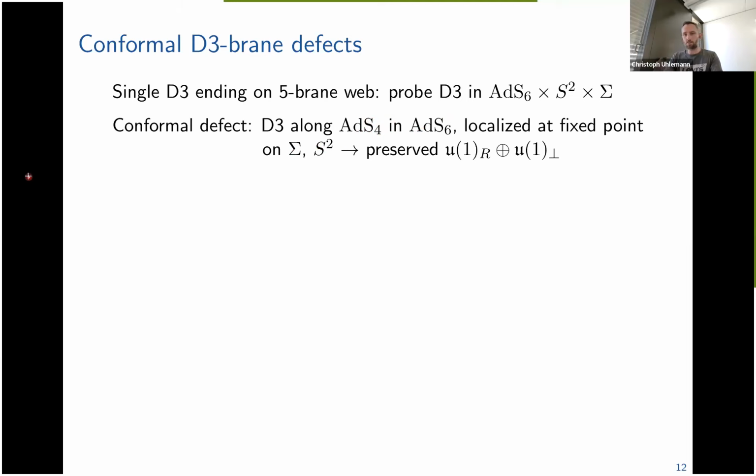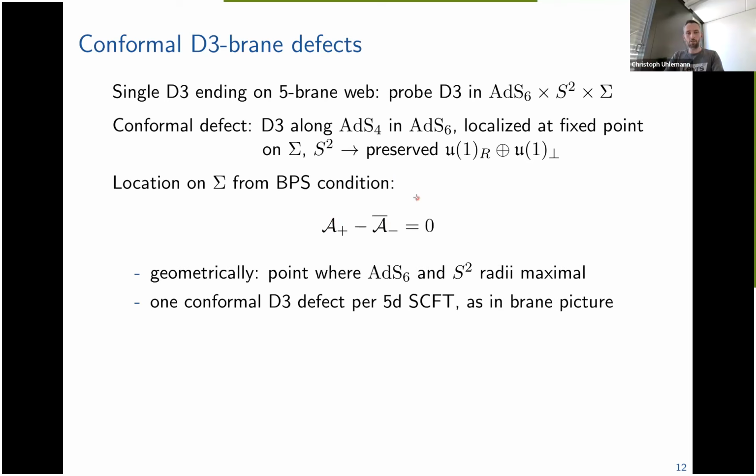The BPS conditions are still messy to deal with on account of the somewhat complicated nature of the background solutions. But at the end of the day, you find a very nice condition in terms of this pair of holomorphic functions, which I've just introduced. Now, I don't want to give explicit expressions for these functions and coordinates. What you can do is characterize the point that is singled out by this condition geometrically.